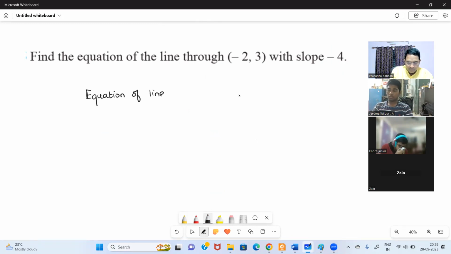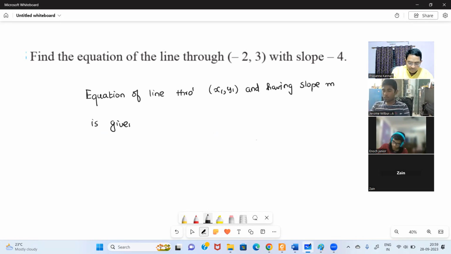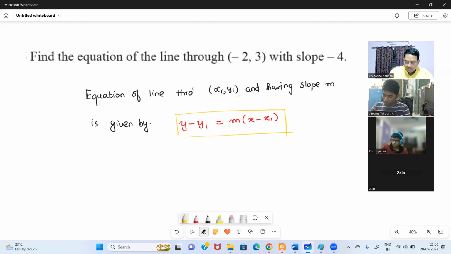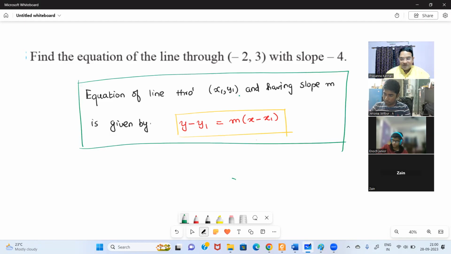The equation of a line which is passing through a point x1 comma y1 and having slope m is given by y minus y1 is equal to m into x minus x1. Very, very important. Clear, guys?